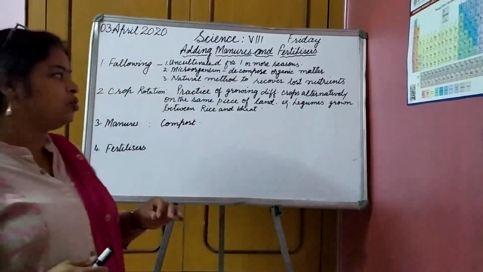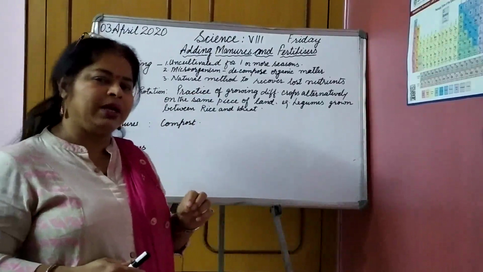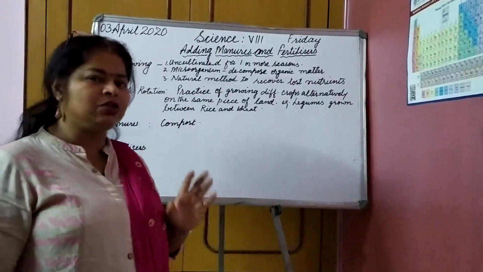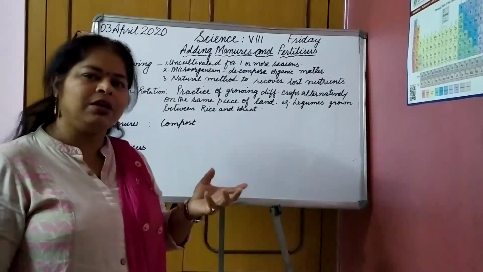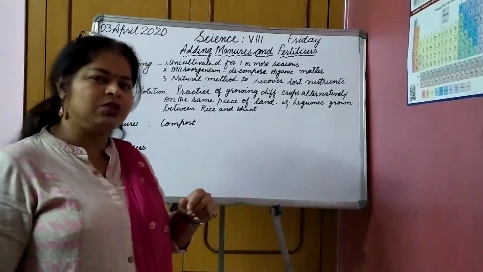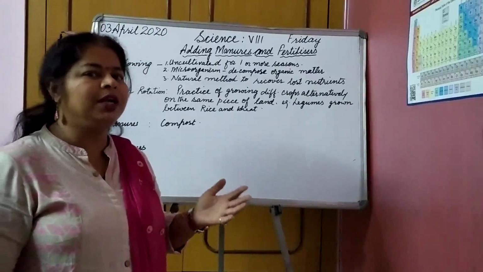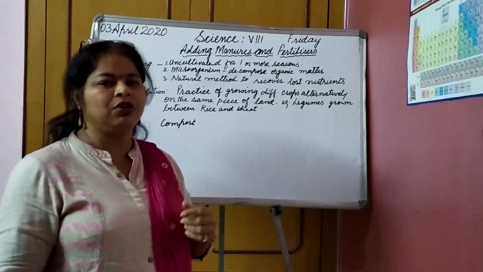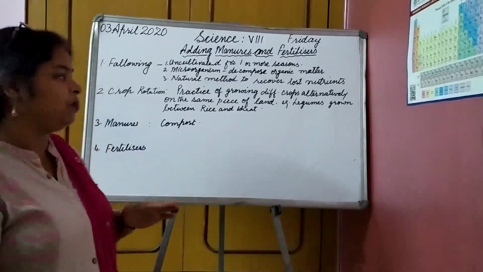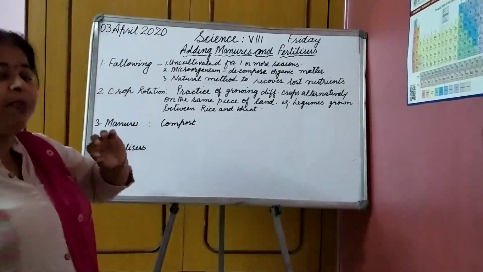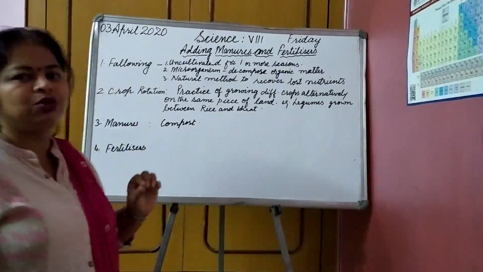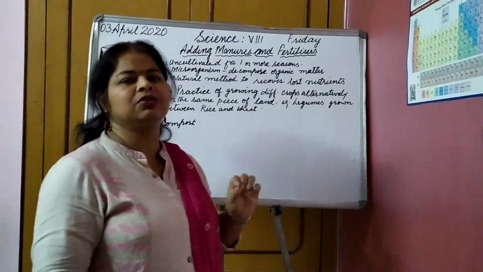This humus, or the dead organic matter, when added to the soil, increases the nutritive value of the soil. So it is in turn increasing the fertility of the soil, or making the soil fertile. It is the best natural method to recover the nutrients in the soil.